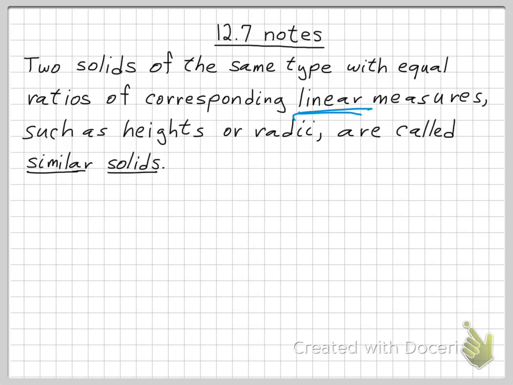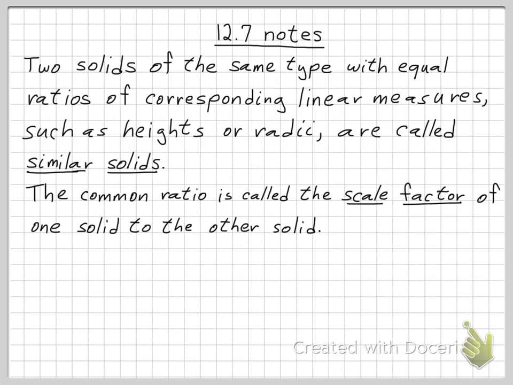So they have to be of the same type, and they have to have equal ratios of corresponding linear measures, such as heights or radii, and are called similar solids. And the common ratio is called the scale factor of one solid to the other solid.